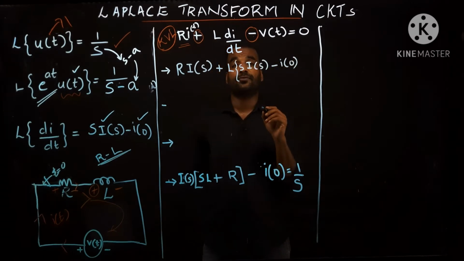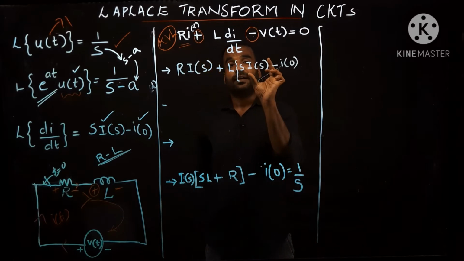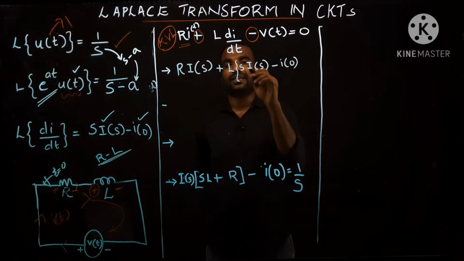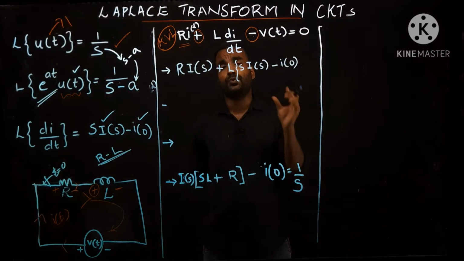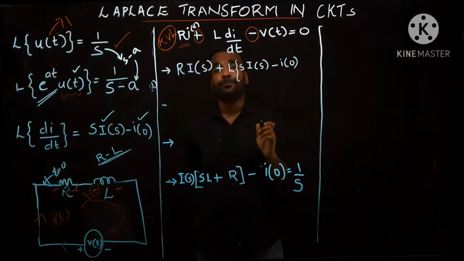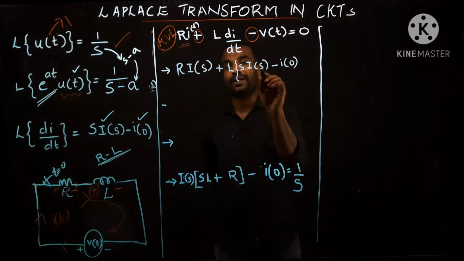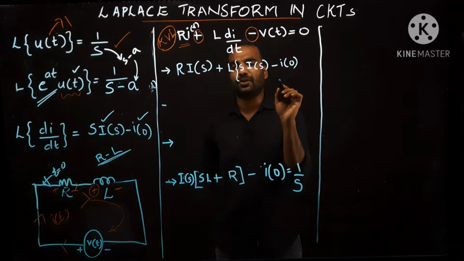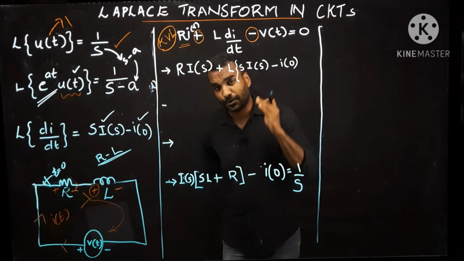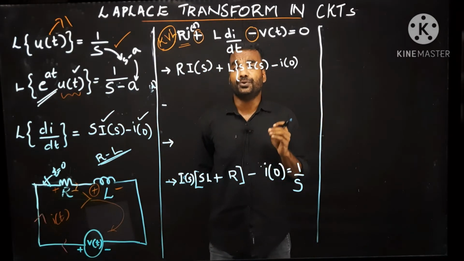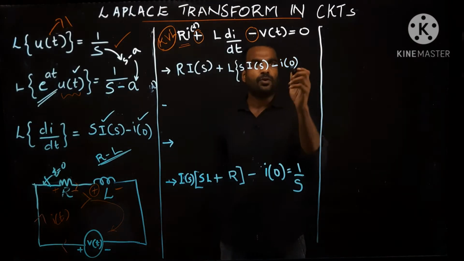You should be very careful that for the S domain term only you have to use capital I or capital V, whatever it may be. For the zero term, the initial condition, you have to use a small letter, whether it is current or voltage.